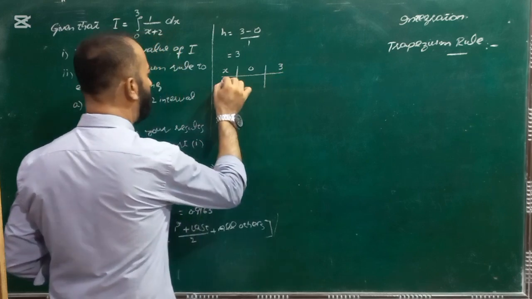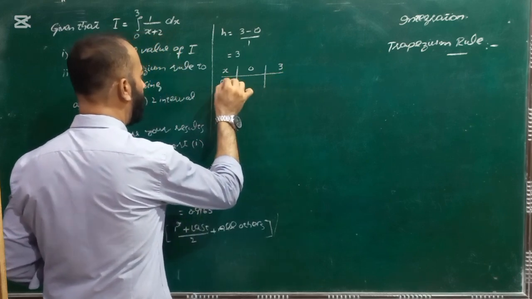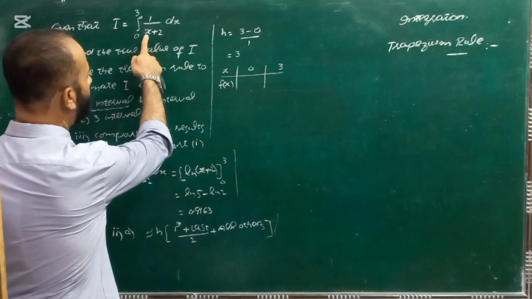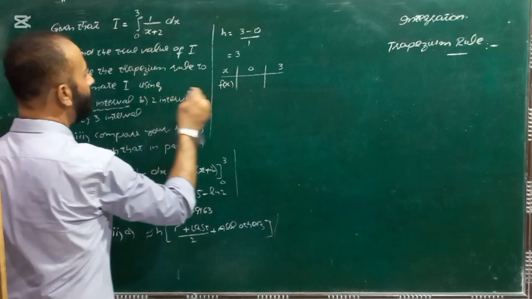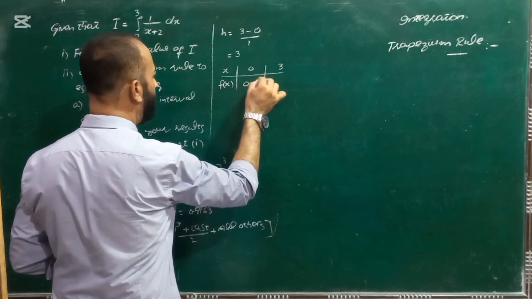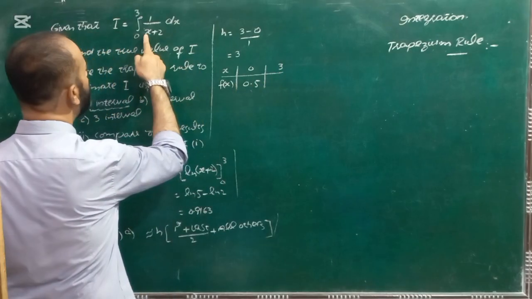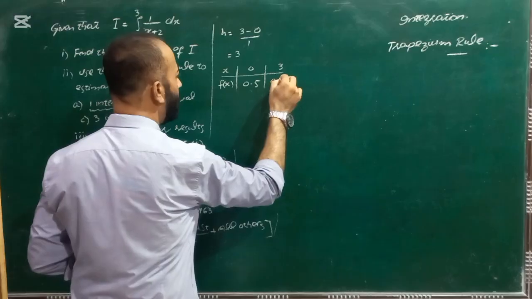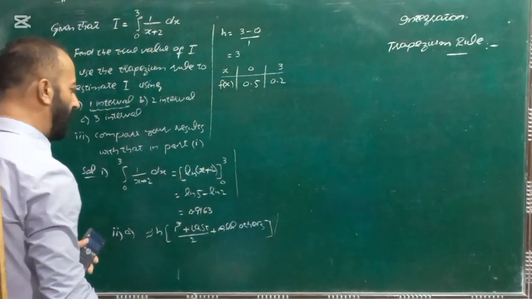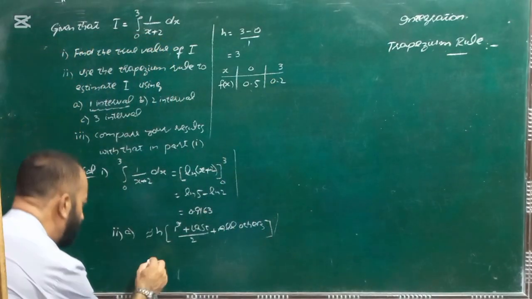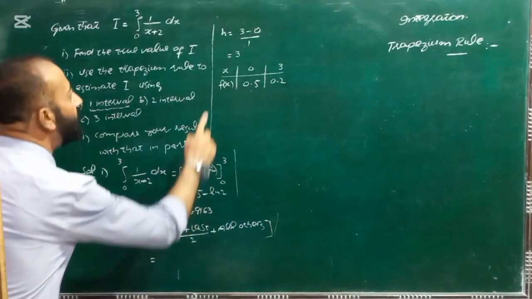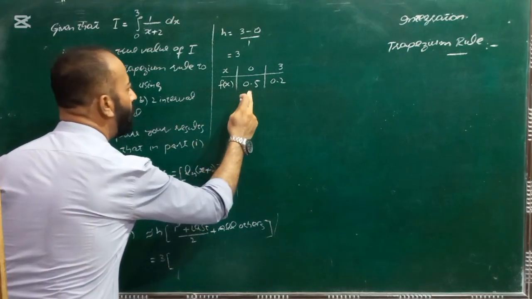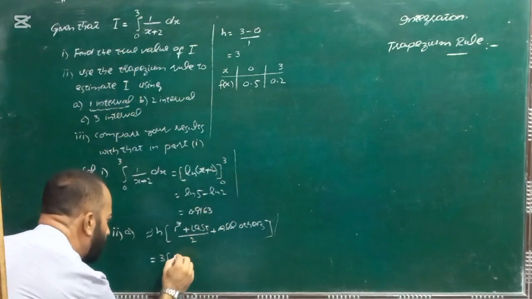So f of x: when 0 is put here, it becomes 1 by 2, that is equal to 0.5. And when 3 is put, it becomes 1 by 5, which is 0.2. So these are the values which are going to be put here. So h is 3, first is 0.5, last is 0.2.